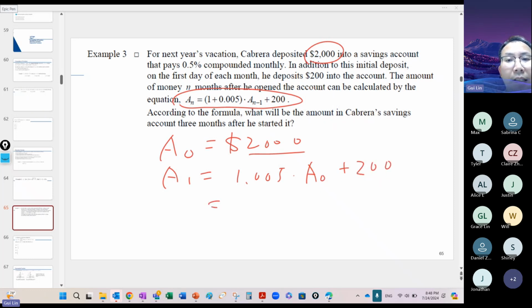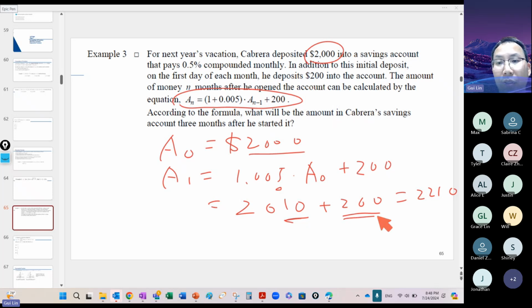So initially he earned what? He gets $10 more, right? So it means $2,010. A0 is replaced by 2,000, plus 200, so you can get $2,210. So the initial interest is $10, right?